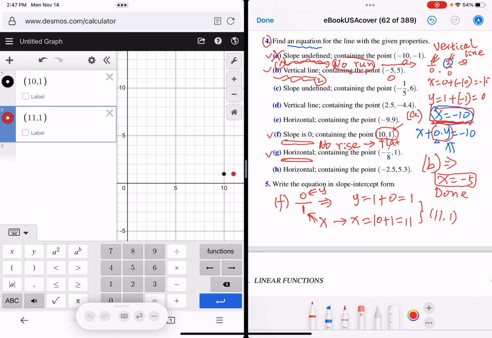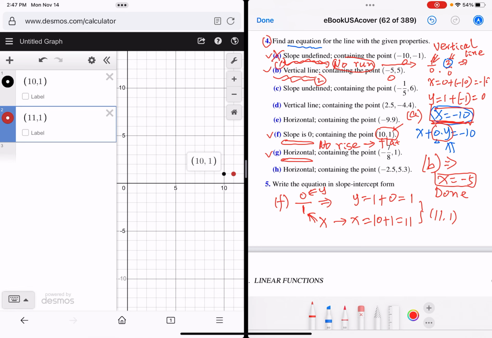You can see (10, 1), (11, 1), so y is a constant. That's 1. So this will be the answer for F. Done.